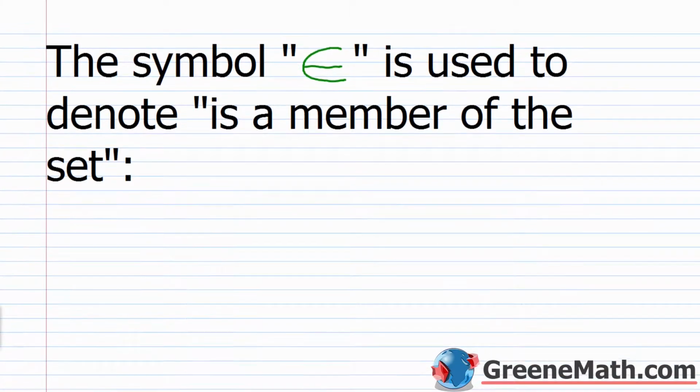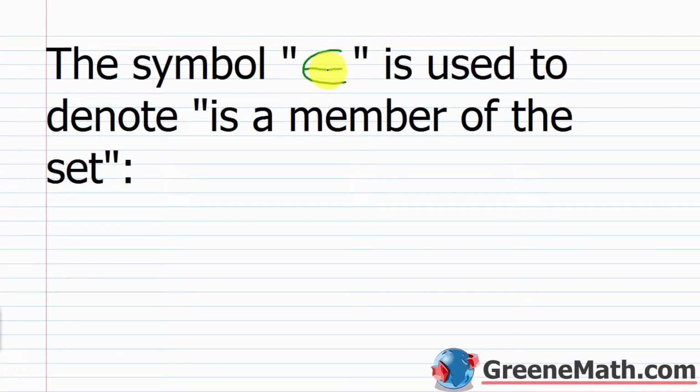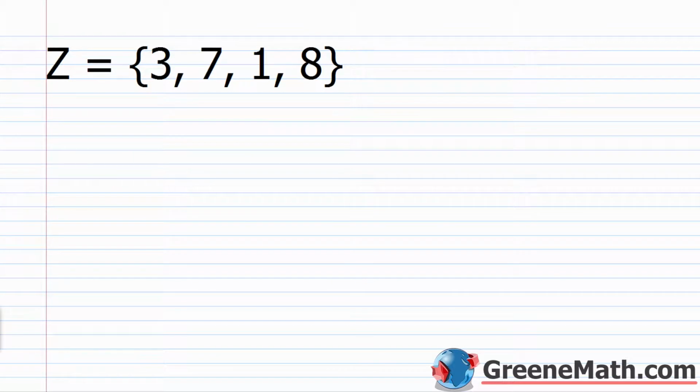All right, so the next thing is that this symbol here, which if I draw it, let me draw it. It looks like a sideways U, and then you just put a line down the center there. So the symbol here is used to denote is a member of the set. So as an example, we have set Z, and Z is equal to, we have the members 3, 7, 1, and 8.